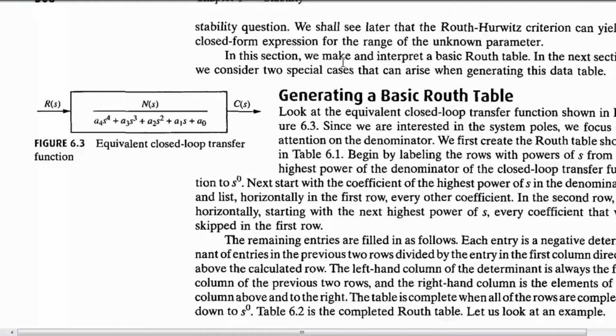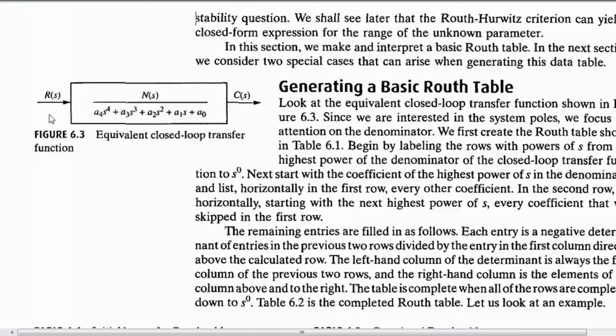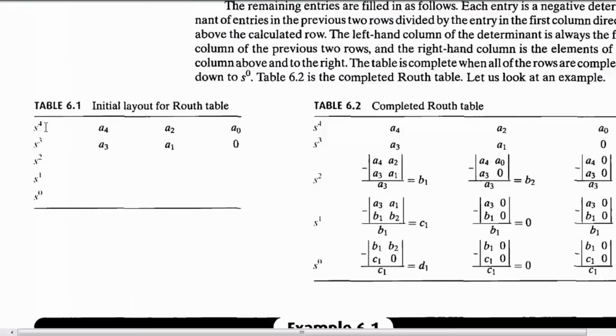So if you look at the table here, the powers from S4 towards S naught are given here, and in the first row हम even-numbered coefficients को लिखते हैं, that is, for S4 we have A4, A2 and A0, and in the second row we write down what we skipped in the first row: A3, A1 and 0.